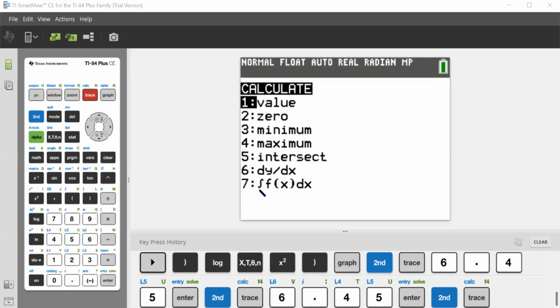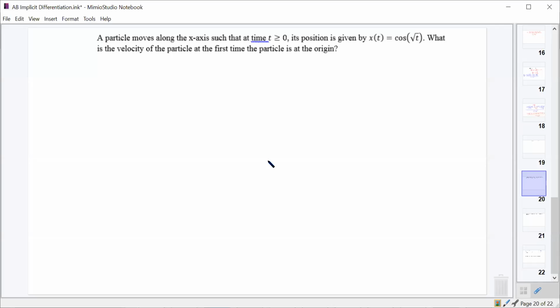All right, so the next thing we were going to do, we'll just do one more problem real quick here, maybe a couple more of these. Let's look at this next one. We have a particle moving along the x-axis so that at time t greater than or equal to 0, its position is given by x of t equals cosine root t.